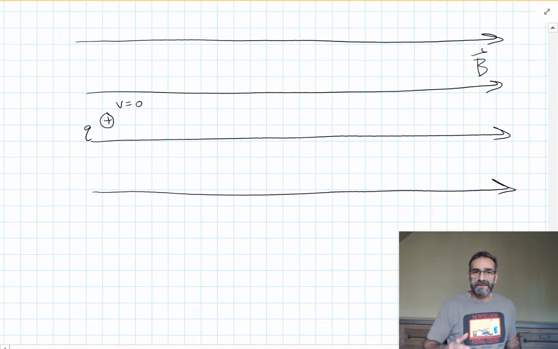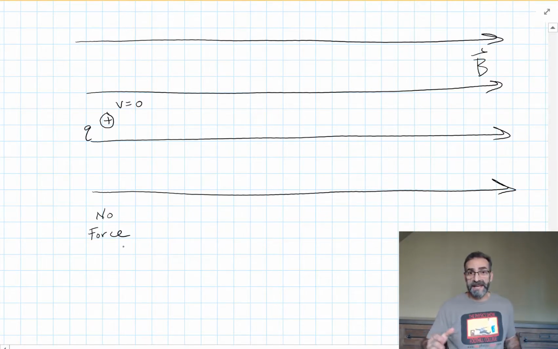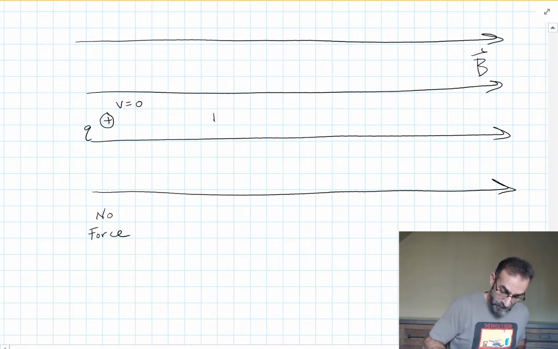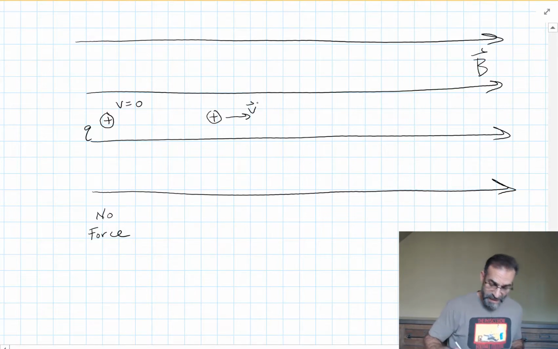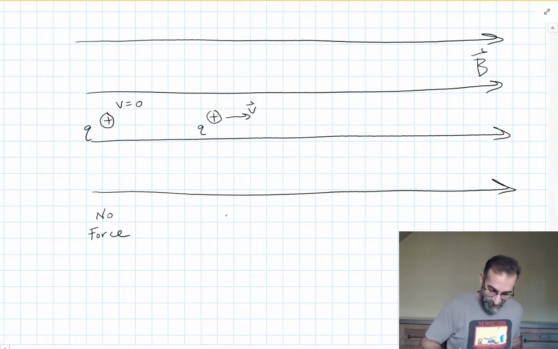It turns out there is no force on that particle. It is not affected by the magnetic field. Now, if I take that particle and I give it a push, so it has some velocity, it turns out there is no force on that particle from its interaction with the magnetic field.